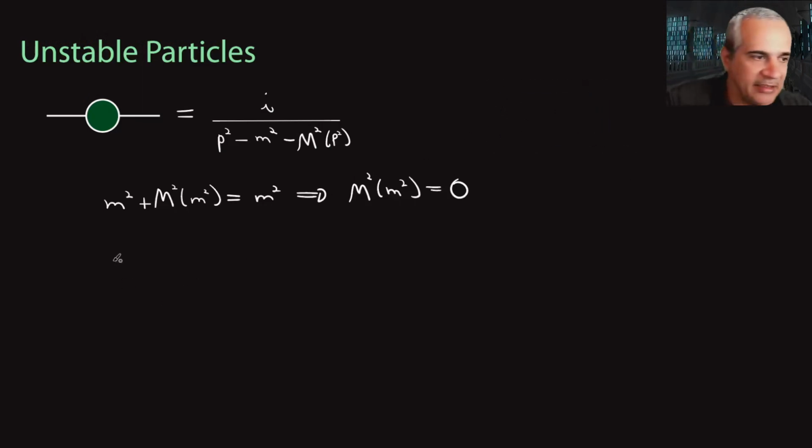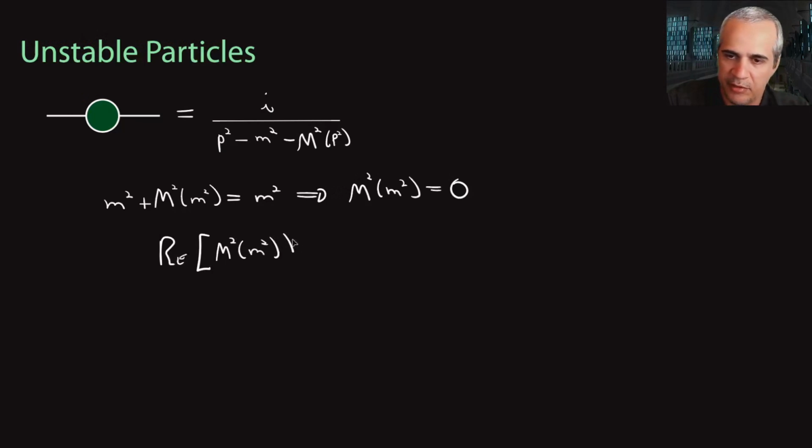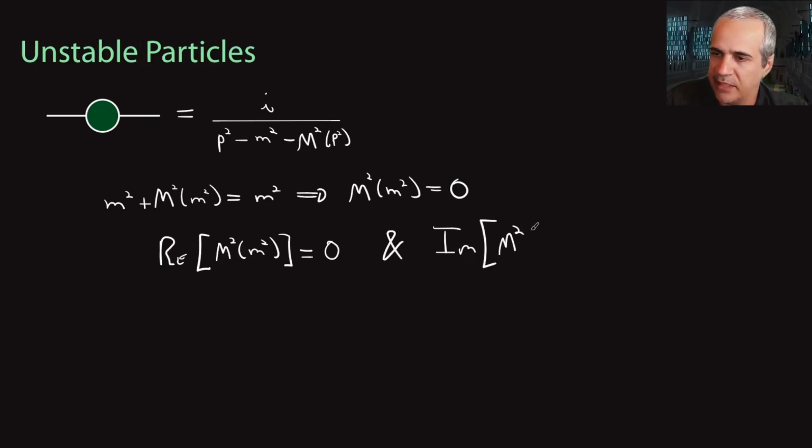So in that case, imposing this condition would mean to impose that the real part of the 1PI sum vanishes. Be careful not to confuse the capital M I'm using now with the capital M I used before. Now this means the sum of all the 1PI functions. So this condition would imply this, but also, and here is the problem, it would imply this.